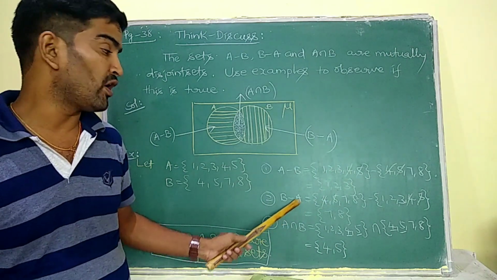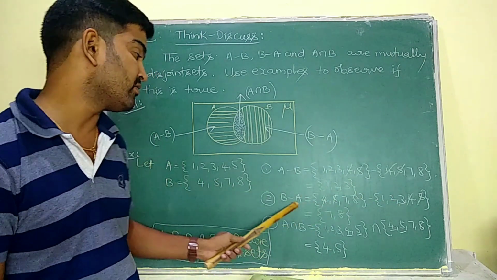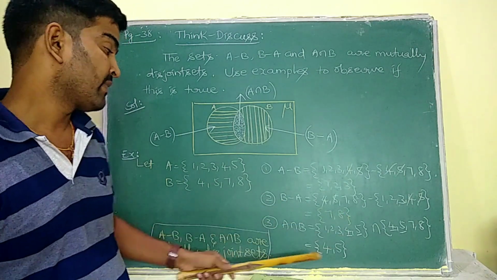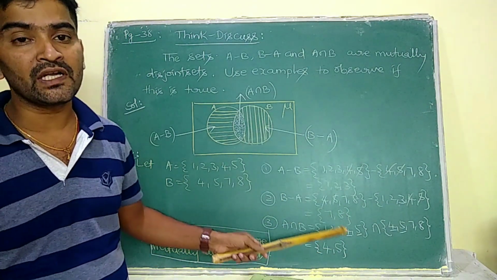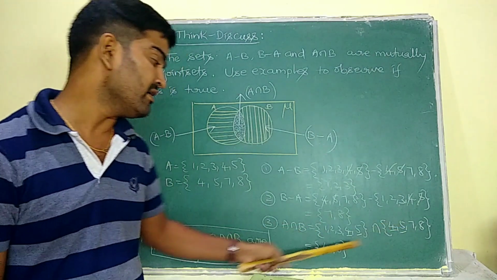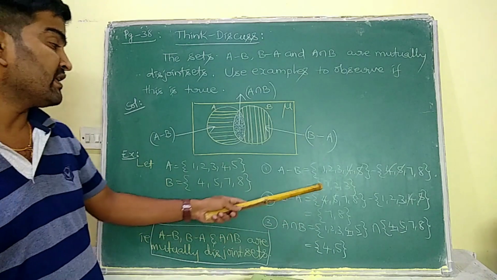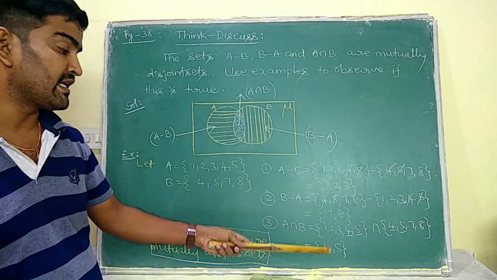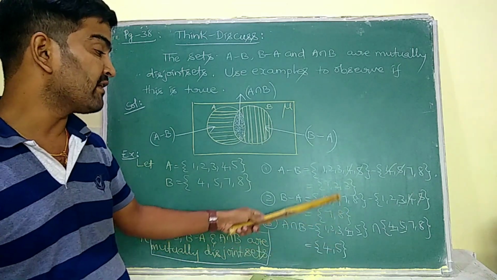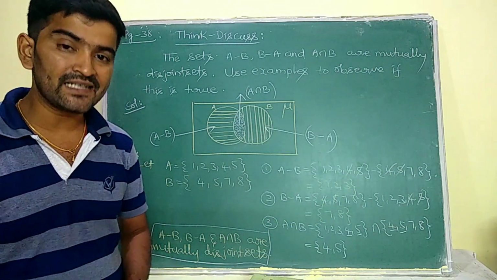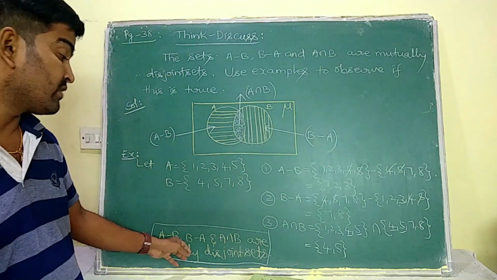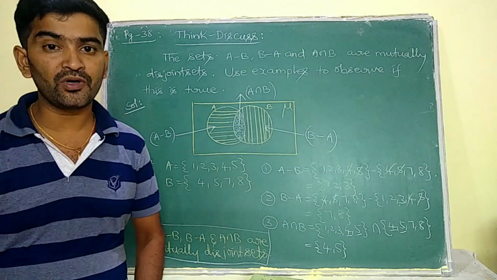Similarly, I have to remove the common elements of both A and B and then write only the elements which are left in B. That is 7, 8. A intersection B means only the common elements are taken. So the common elements here are 4, 5. By observing this, there is no common element for any of these three sets. That indicates that A minus B, B minus A and A intersection B are mutually disjoint sets. I hope you understand this.